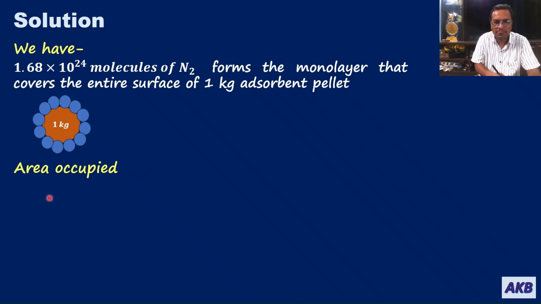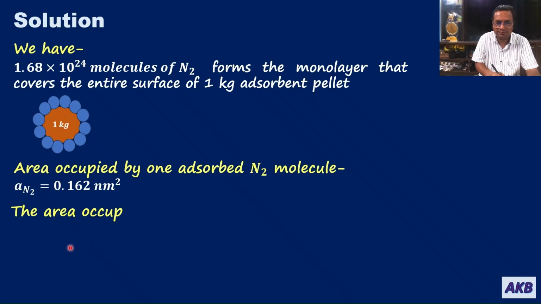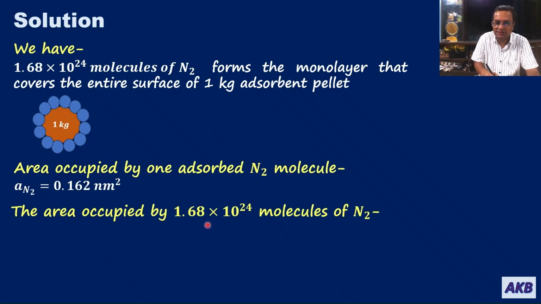Okay, so now let us find out the area occupied by one adsorbed N2 molecule. It is given to us. We had denoted it as A_N2. It is 0.162 nanometers square. Now the area occupied by 1.68 into 10 to the power 24 molecules of N2 will be A_N2 into this number. So let me denote the total area as A_T.